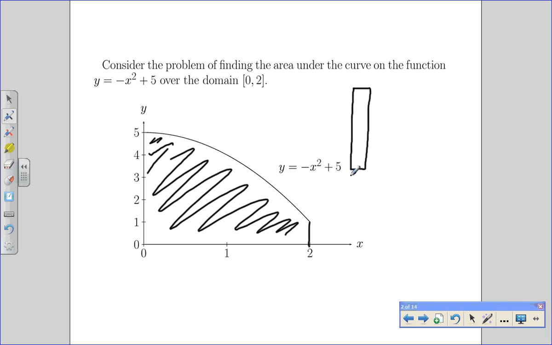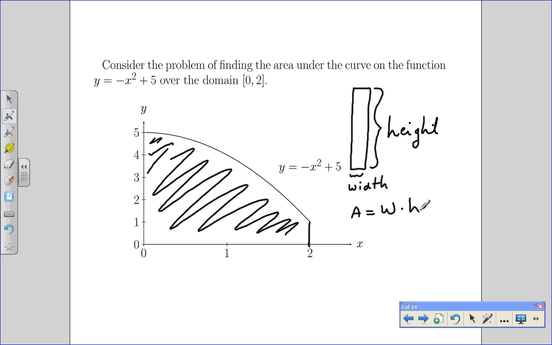The rectangle has some width, and the rectangle has some height. And the area of the rectangle is going to be width times height. So we're going to chop up this area into a number of rectangles.